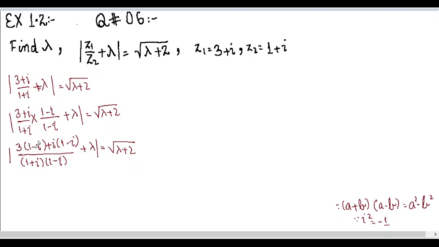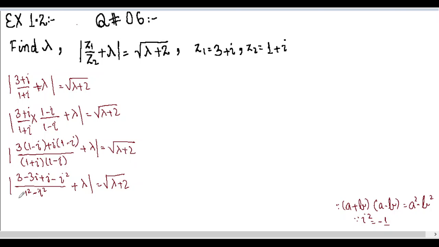Now we multiply these terms, so we get 3 minus 3 iota plus iota minus iota square whole divided by, in the denominator we get the formula a plus b into a minus b, where a is 1 and b is iota. Its formula is a plus b into a minus b equals a square minus b square. So we write here 1 square minus iota square, plus lambda equals square root of lambda plus 2.